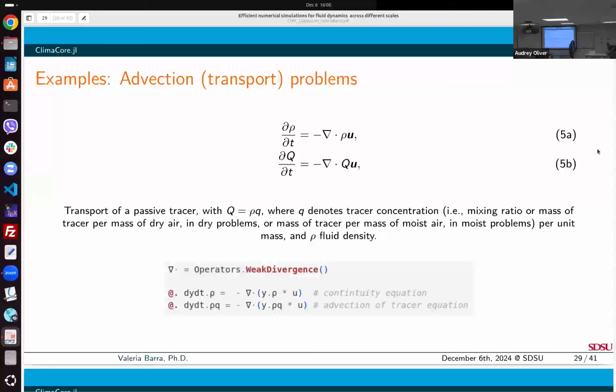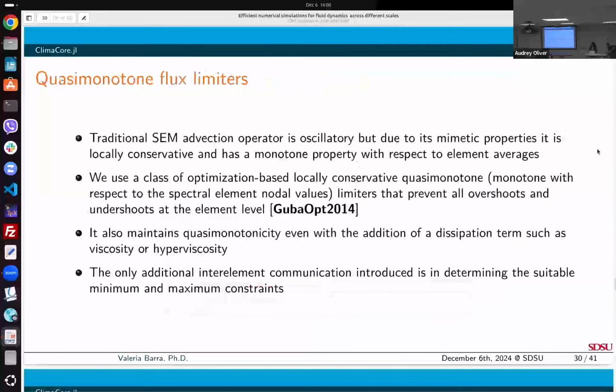It's very user-friendly. However, we know that if we use the spectral operator in the horizontal, the spectral advection operator is oscillatory. But due to its mimetic properties, it is still locally conservative and has a monotone property with respect to element averages, which means we conserve mass, or in this case water concentration, inside the element averages.